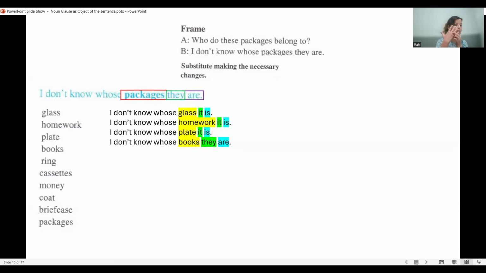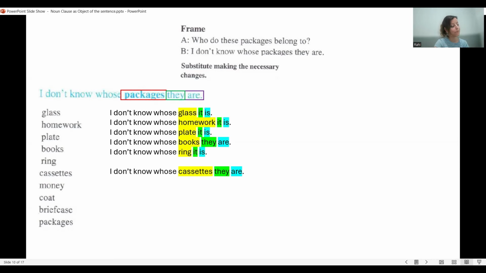Ring. Okay, ring. The answer is, I don't know whose ring it is. Cassettes. It's a plural noun. The answer is, I don't know whose cassettes they are.